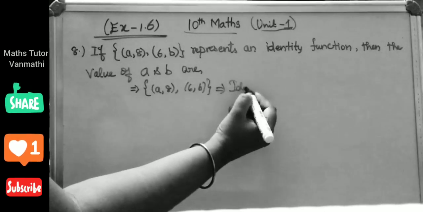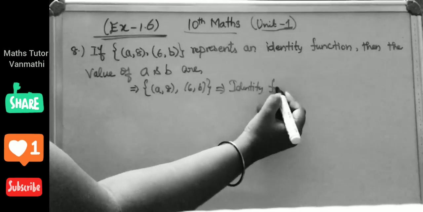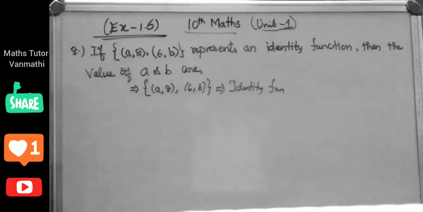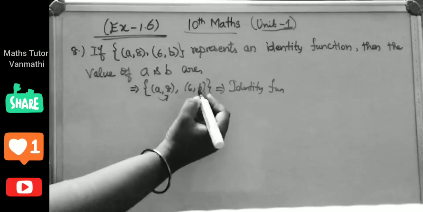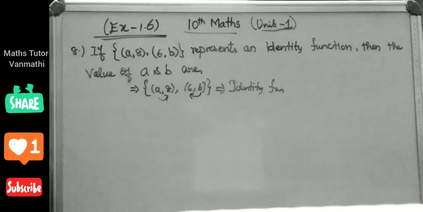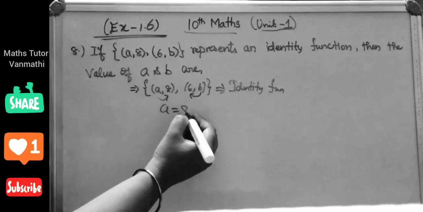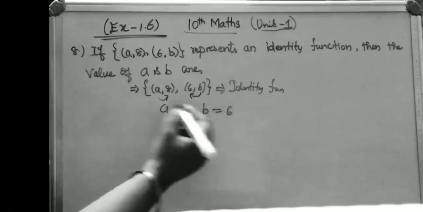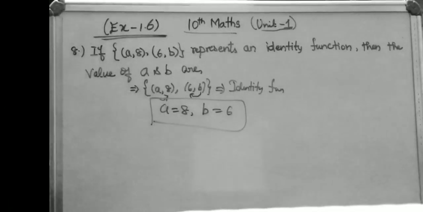From the identity function we can write this is your a value and this is your b value, that is a is equal to 8 and b is equal to 6. These are the values of a and b.